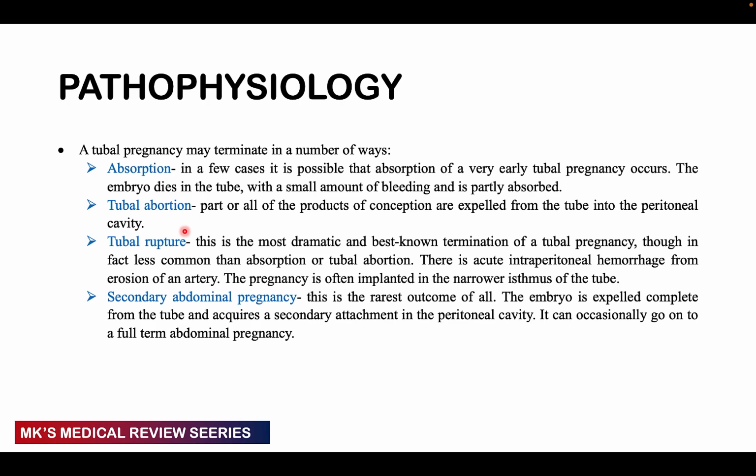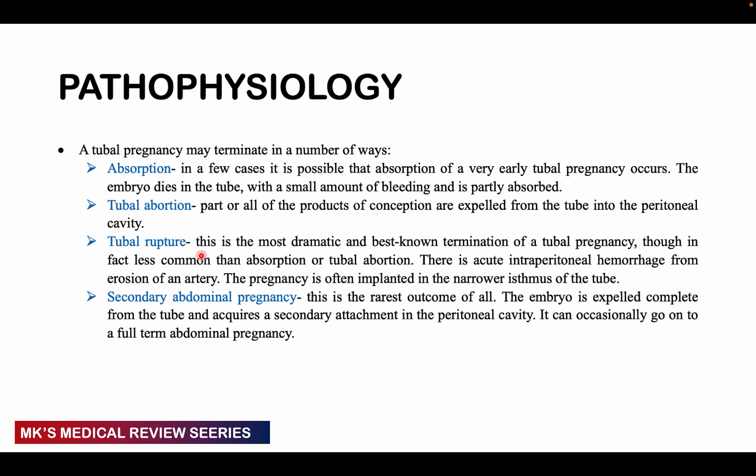The third possibility is that you may have a tubal rupture, which is actually the most dramatic and best known way of termination of the tubal ectopic pregnancies, though in fact it is less common than absorption or tubal abortion. There is acute intraperitoneal hemorrhage resulting from erosion of an artery.